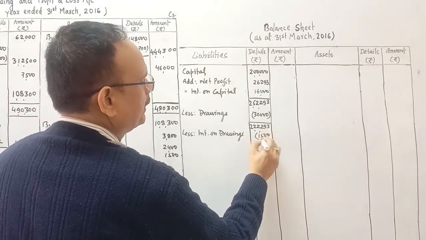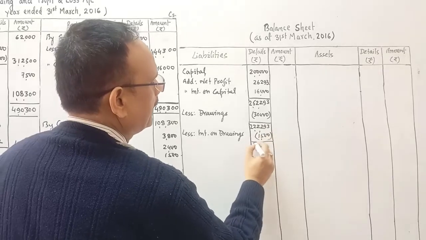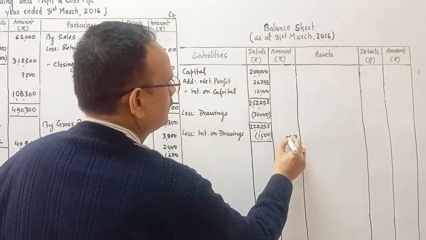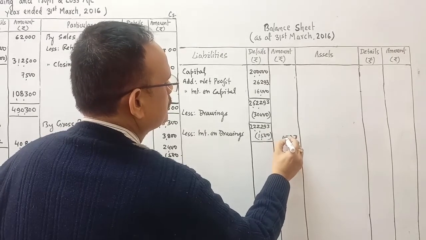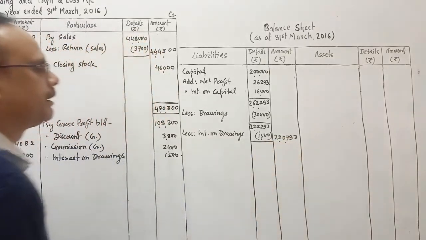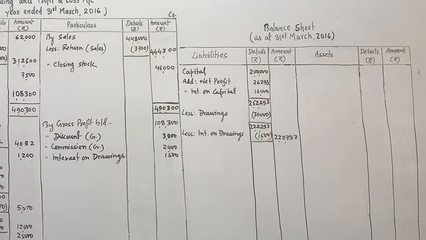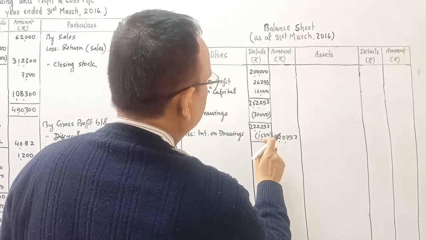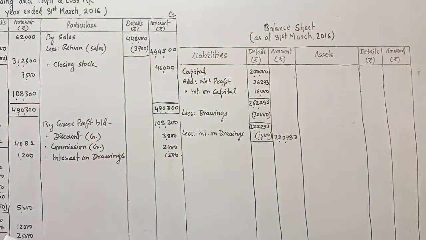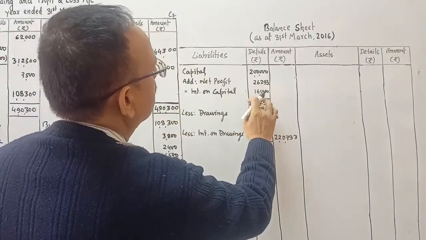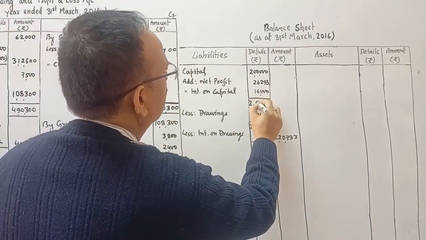You deduct it and write the figure in the outer column.